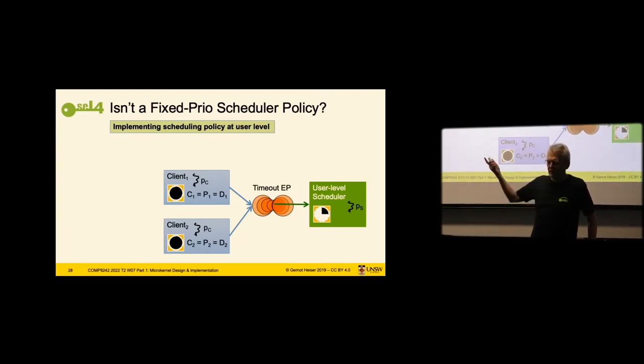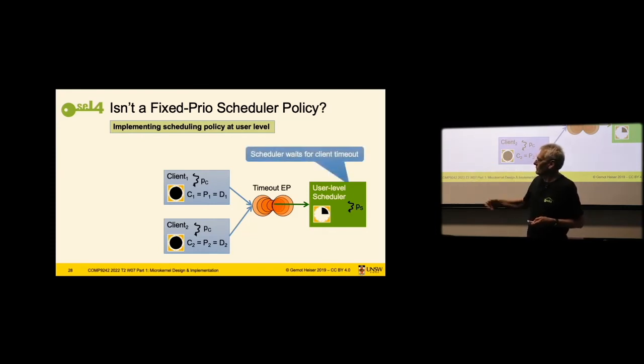And Anna, as part of her PhD, actually did that. So the idea is you have clients that execute, they have their scheduling context, and they have a timeout endpoint, and the timeout server is the user level scheduler. So it basically sits there, waits for a client to run out of budget, and then it knows it needs to be invoked.